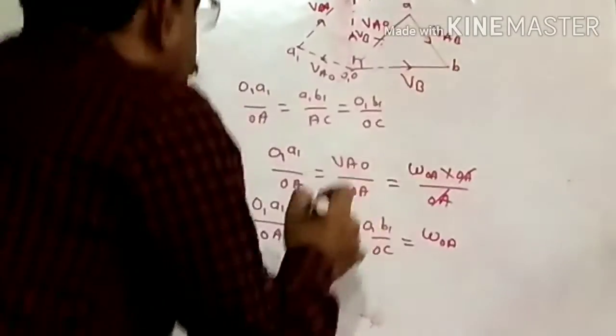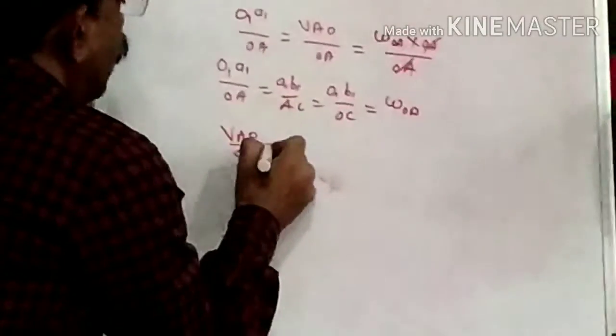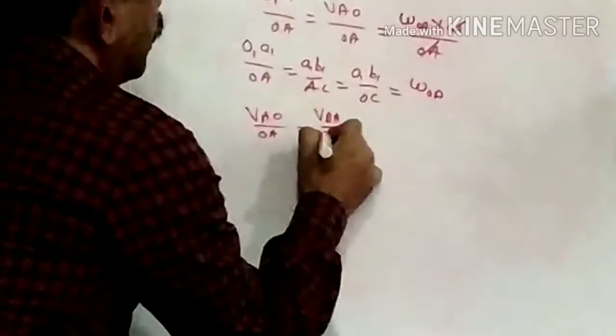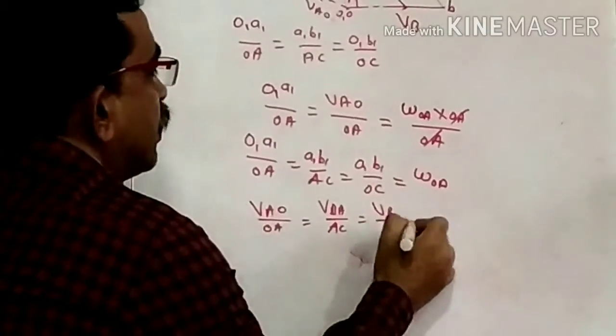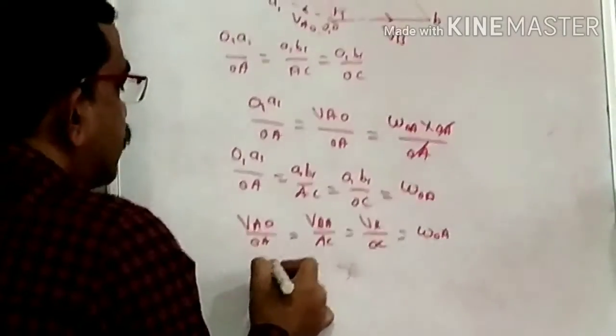From this we can determine O1A1 is the velocity of A with respect to O, A1B1 is the velocity of B with respect to A, and OB1 is the velocity of slider B, and the ratio is omega OA. From this we get three equations.